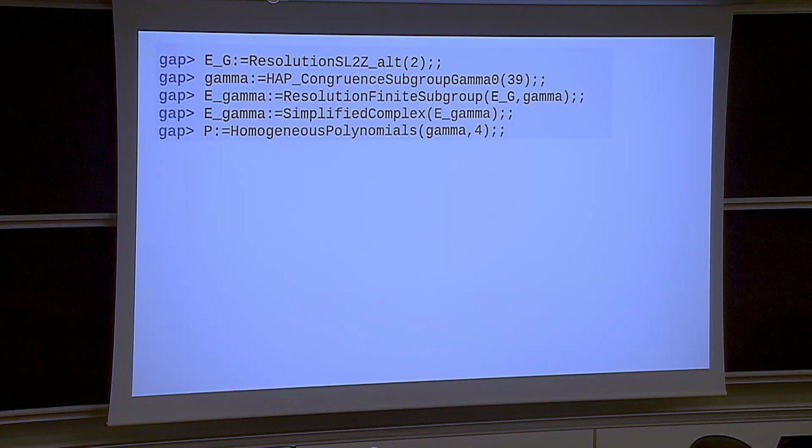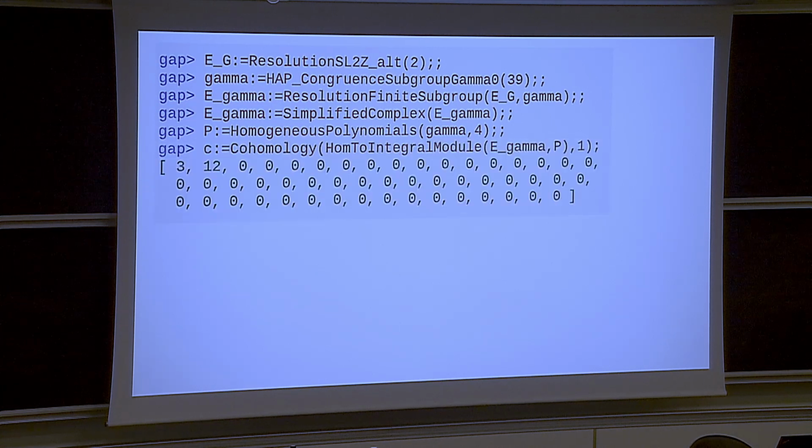Then you have to implement in half a page the module that you're interested in. So the module we're interested in is homogeneous polynomials. I want k minus 2 equal to 2, so I want k equal to 4. And then a module has a g action, so this function creates this g action I described and stores it.